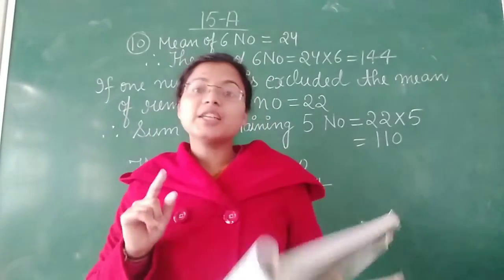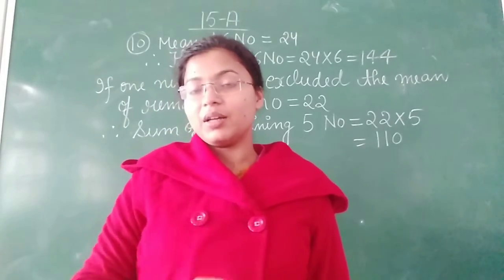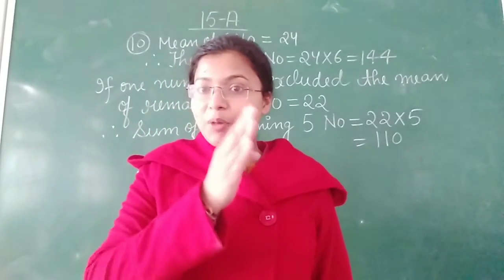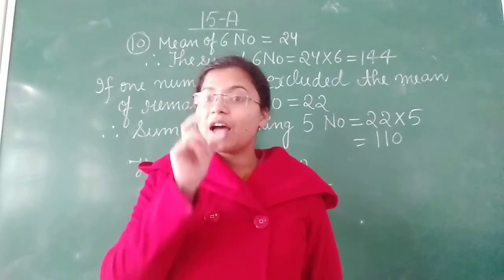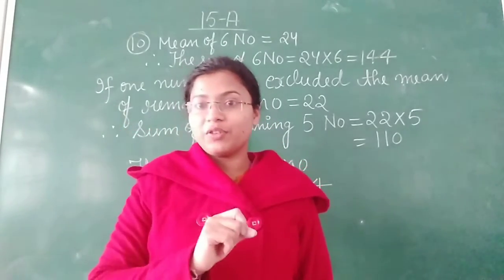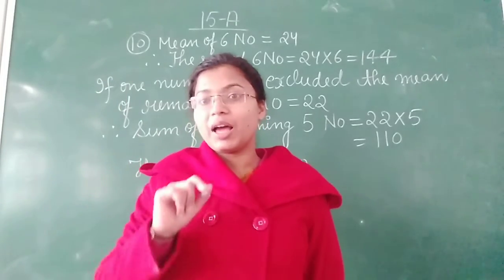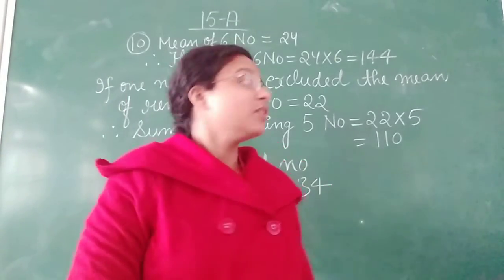So find the excluded number. Mean is equal to the sum of the observations upon the total number of observations. If we have the mean and the number of observations, we can cross multiply and find the sum.